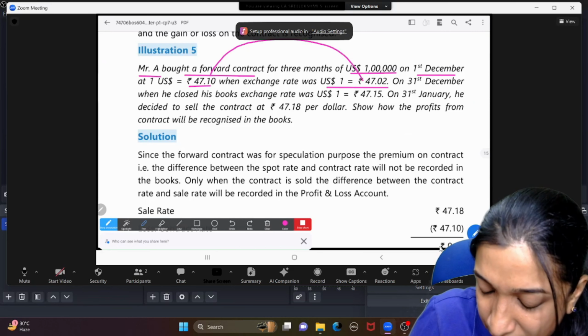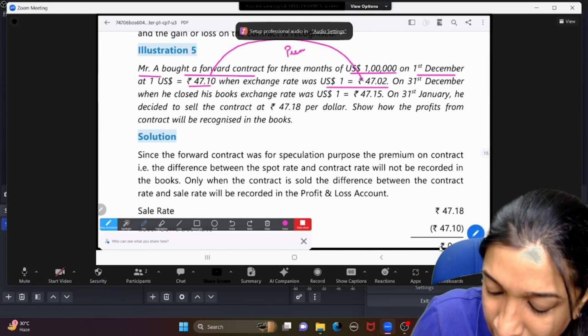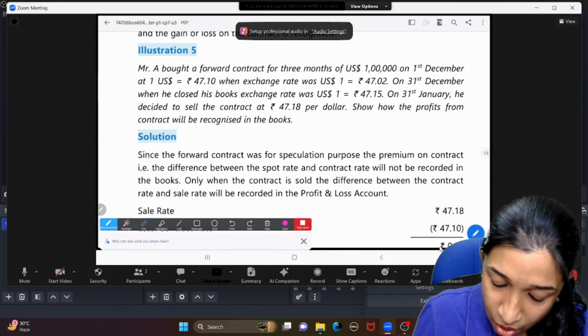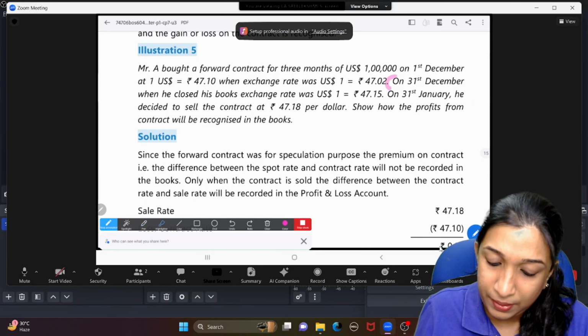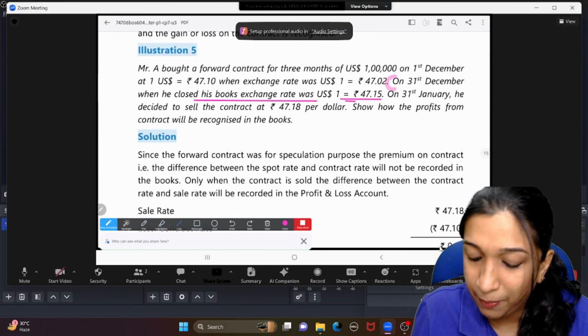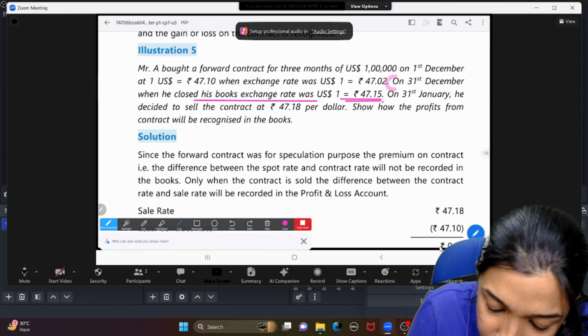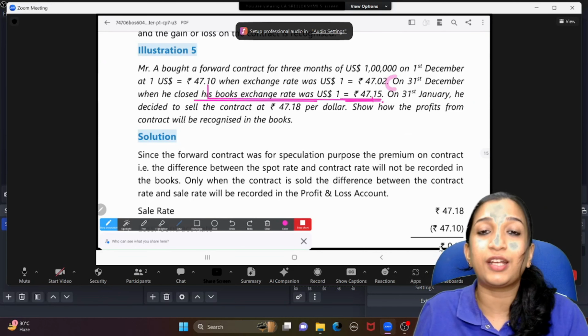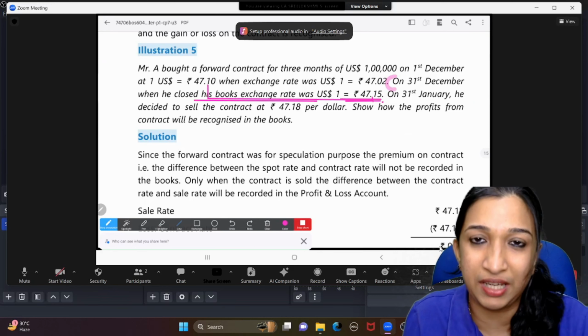This difference, premium or discount, you need not consider. On 31st December, when he closed his books, the exchange rate is 47.15.